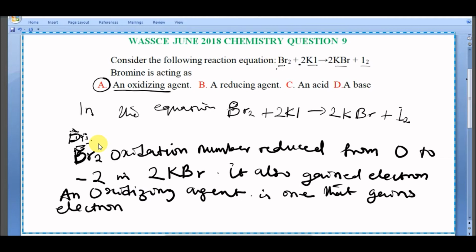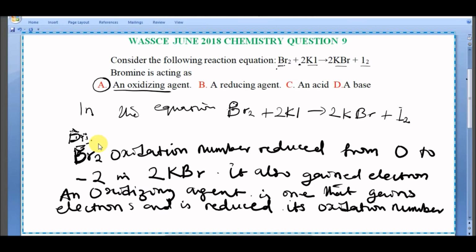So the one that gains electrons and is reduced is the oxidizing agent. So that very reactant that gains electrons and is reduced is the oxidizing agent. We can also say that for the oxidizing agent, its oxidation number is also reduced.